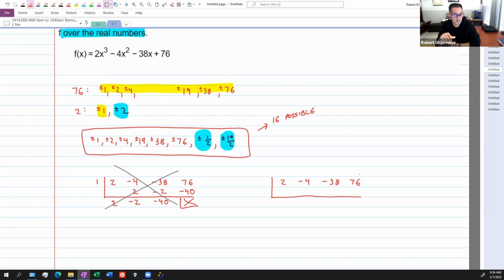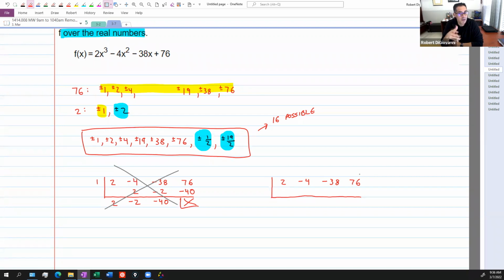On the exam, I promise you that if you have to use this method, as long as you do the numbers in order and you avoid the fractions, but just put all the other numbers in order from smallest to largest, it'll happen within the first 4 or 5, no more than that. You're not going to have to do like 10 different ones.